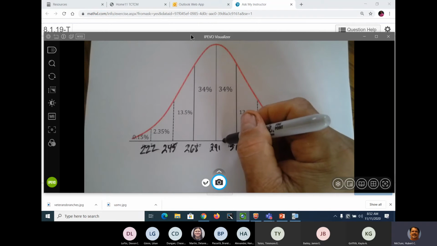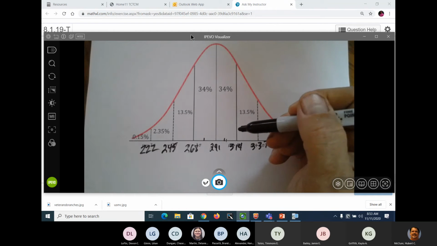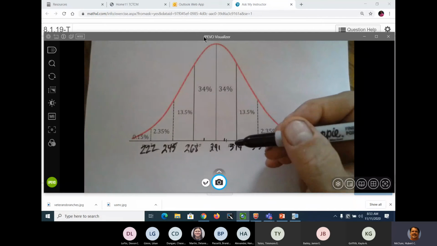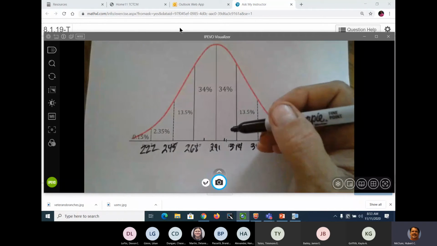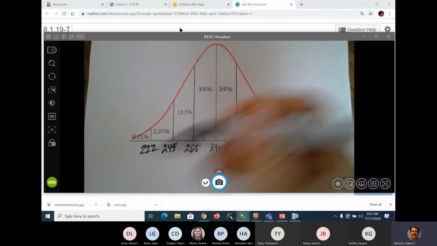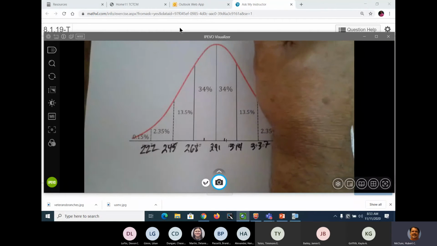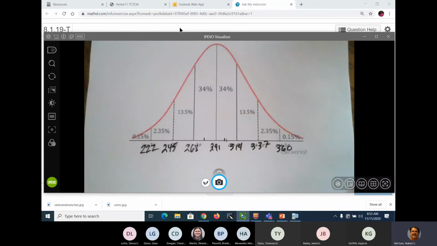So it'd be right about here and right about here. But we got to figure our new standard deviation. We'll do it in orange this time. Our new standard deviation is going to be equal to 23 divided by the square root of 15.